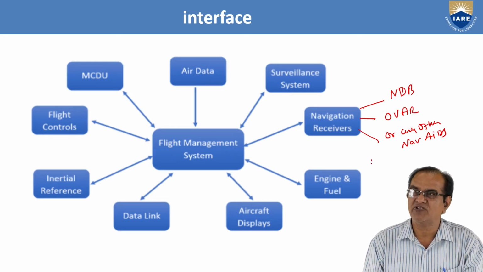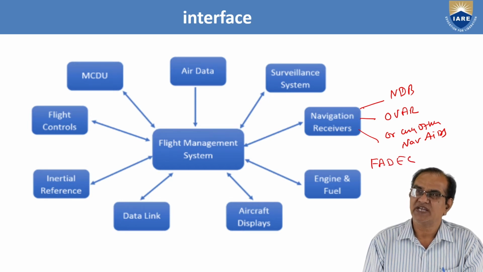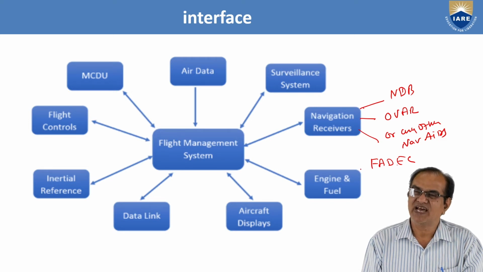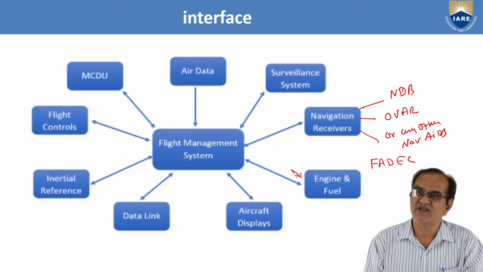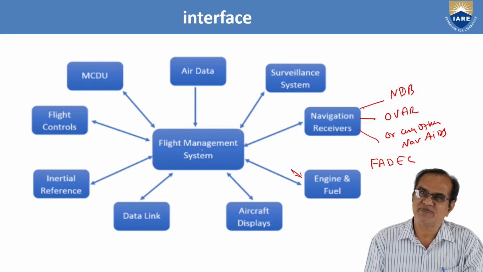Engine and fuel, here we have the FADEC, full authority digital engine control system. It will sense the speed, torque, power of the engine, and as per the directive of the flight management system, this will work and it will give the power as directed by the flight management system.